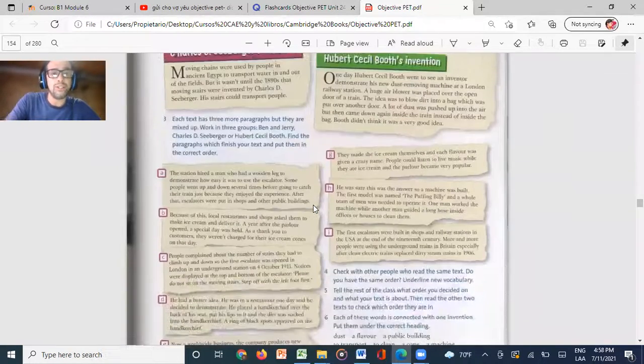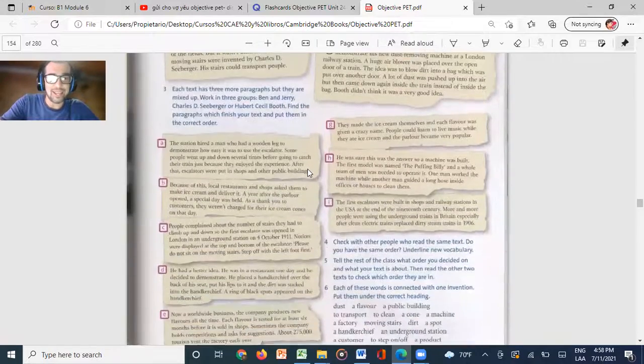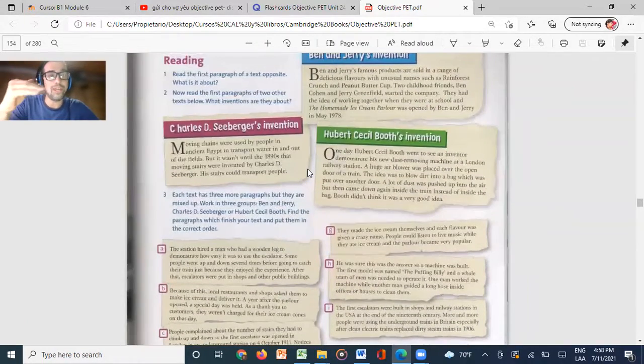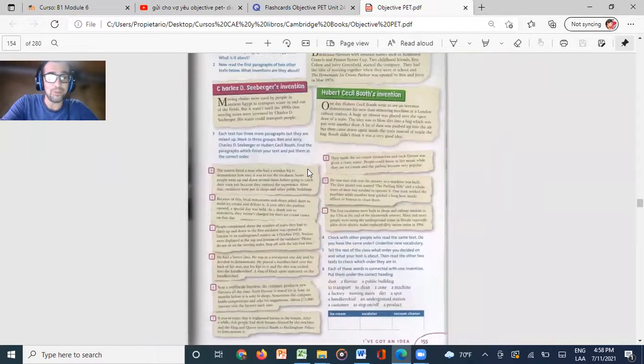So based on what we are reading over here, we need to know, for example, if B belongs to this one, and if maybe H belongs to this one, and maybe D belongs to this one, and so on. We also need to know which one goes first, which one goes second, and which one goes third. So it's a very interesting exercise that I want you to do.